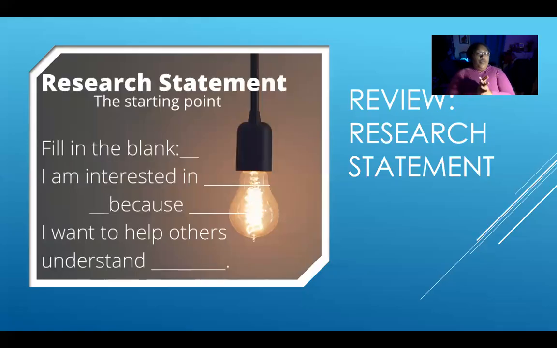So let's review the research statement. I am not going to do anything too terribly different from what Professor Barr and Dr. X did. You're going to fill in the blank of the statement. I am interested in blank because blank, period. I want to help others understand blank. You just fill that in, right?